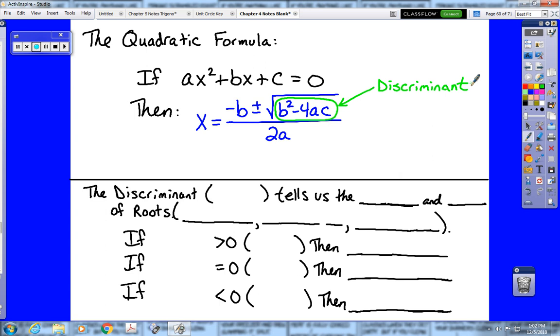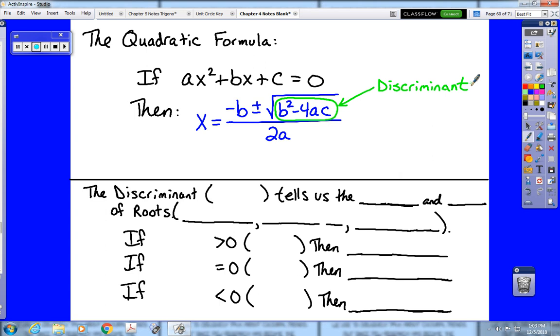You can have 1 x-intercept, which would be when the vertex of your parabola is on the x-axis, or it could have no x-intercepts, in which case the parabola never crosses the x-axis. The discriminant is able to tell you which of those 3 situations you have. It discriminates between those 3 situations.